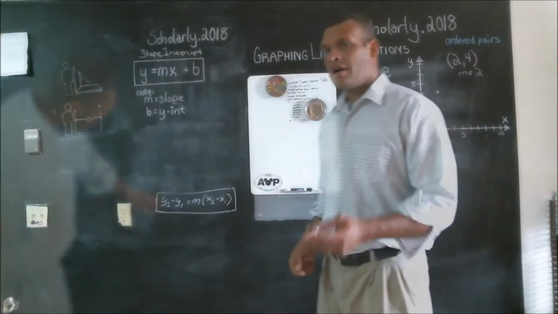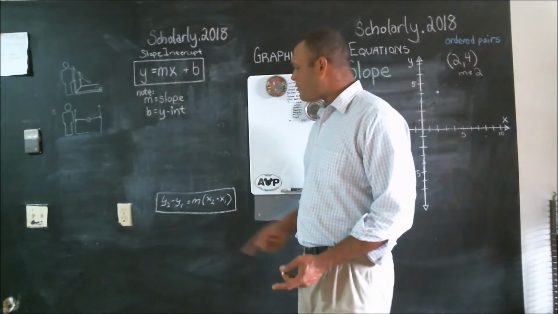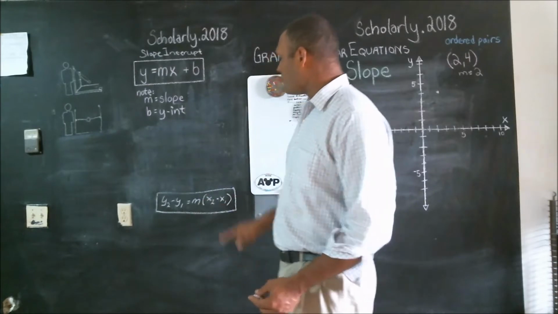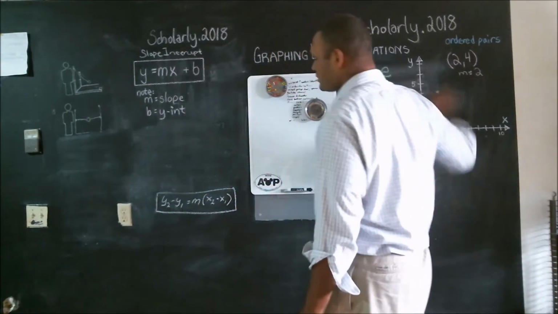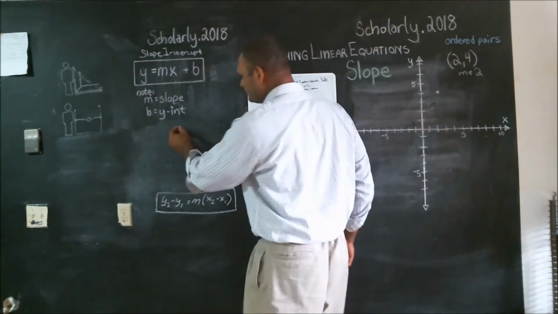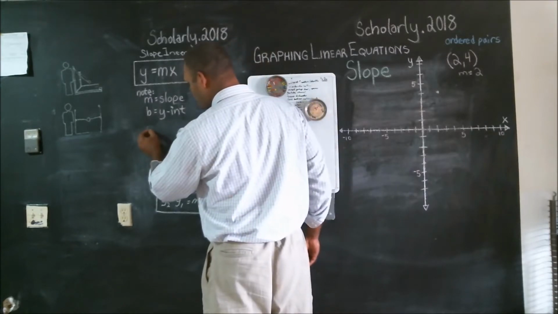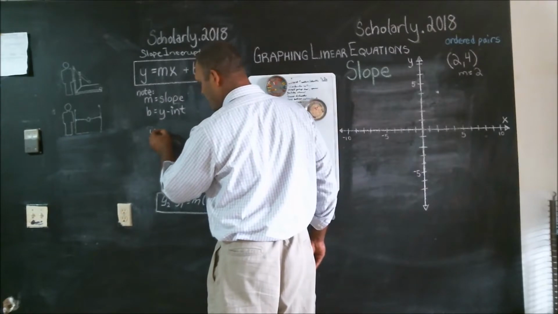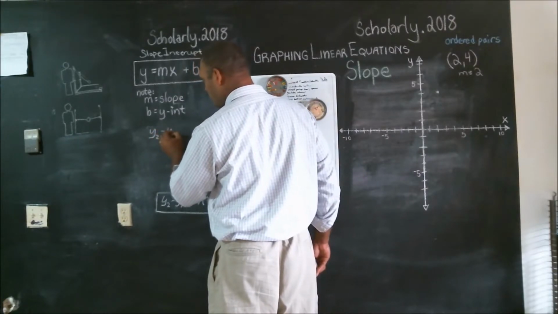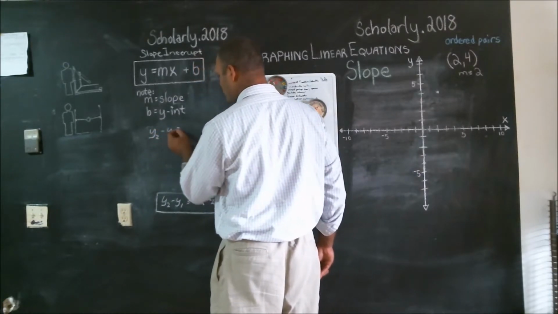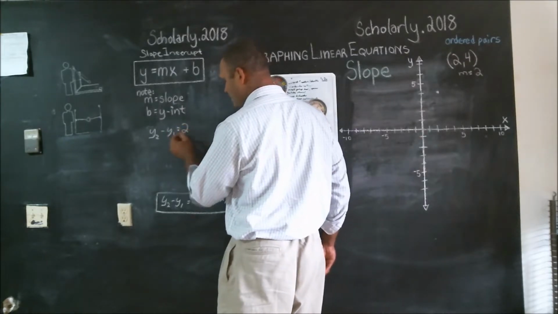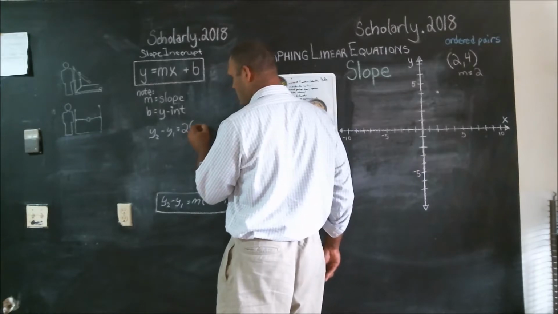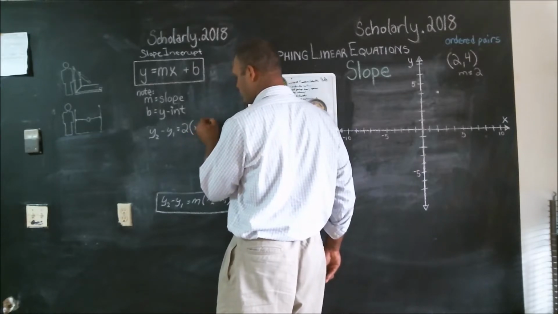So let's take a look. We have our point slope form now. We can go ahead and punch in numbers, can't we? We know a couple things here. We know that our slope is equal to 2. So let's put that in up here. y2 minus y1 equals 2, that's our slope, times x2 minus x1. All right?